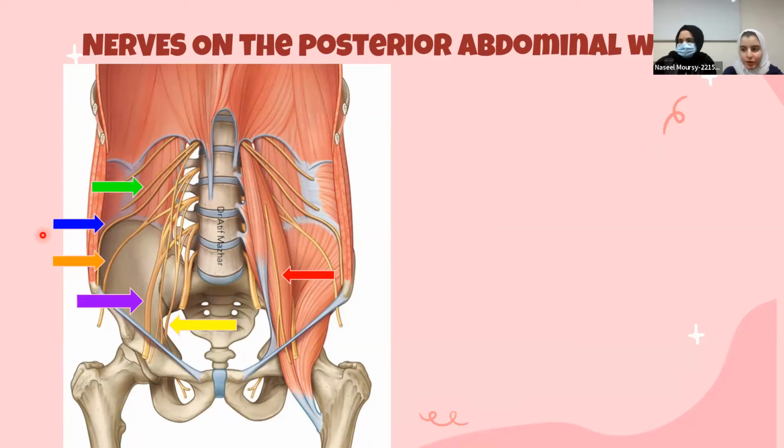Ilioinguinal. Yes. Good. Good. Okay, and orange? This one. Lateral cutaneous nerve of the thigh. Yes. Okay. What about purple? Femoral. Be careful. Someone said genitofemoral.